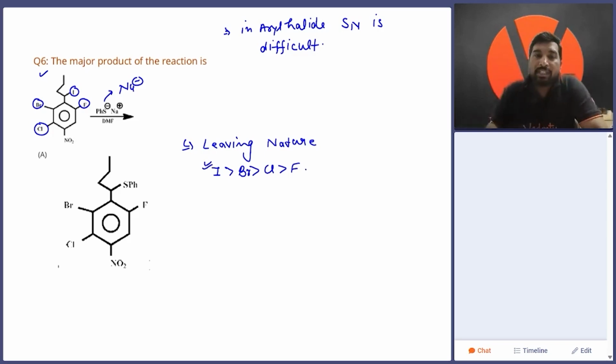So for iodine, there are two reasons. Fluorine, bromine, and chlorine are all present on the aromatic ring, that is why it is difficult to remove these elements. Whereas iodine is present on the carbon chain, and this carbon is at a benzylic position.